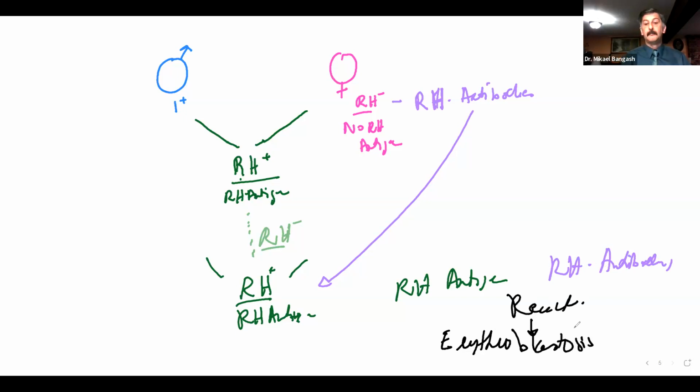So you can say that an Rh positive child born from an Rh negative mother will develop what we can call erythroblastosis fetalis. So let me just write it clear.